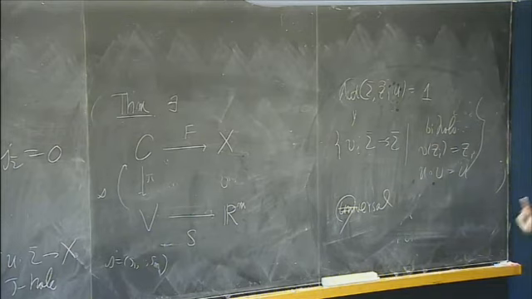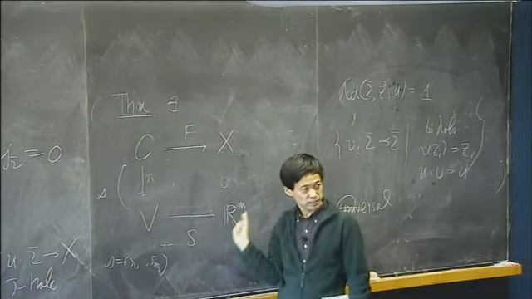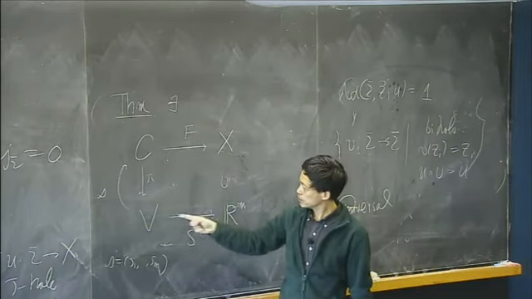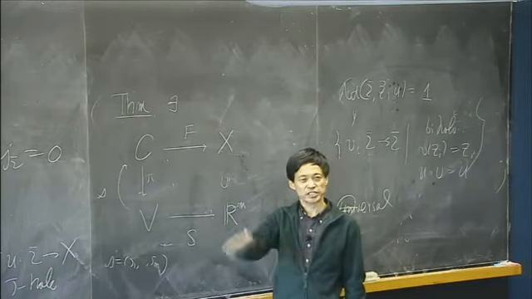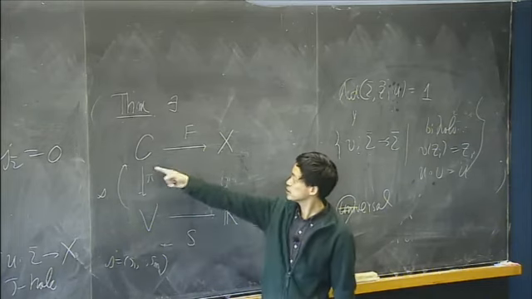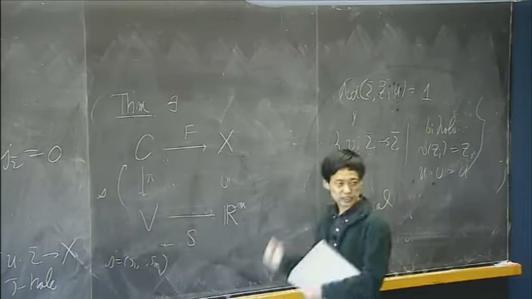So what is the claim? The claim is that such a diagram exists. There is some R^M, and V is an open set of Euclidean space, bigger than U. And you have a C and X, and this has some properties, which I will explain now.